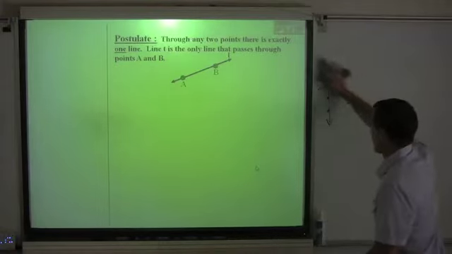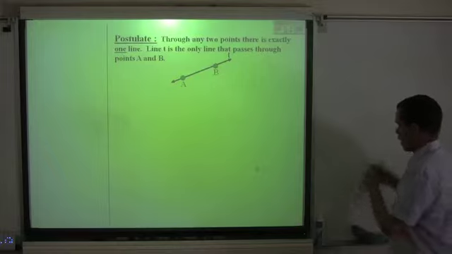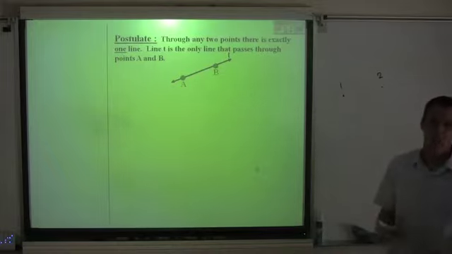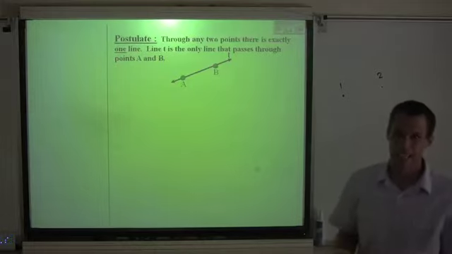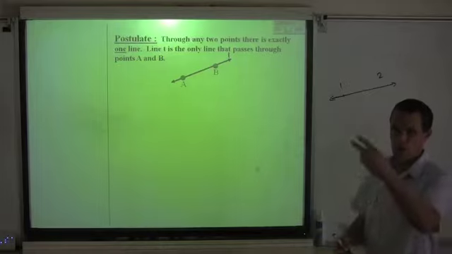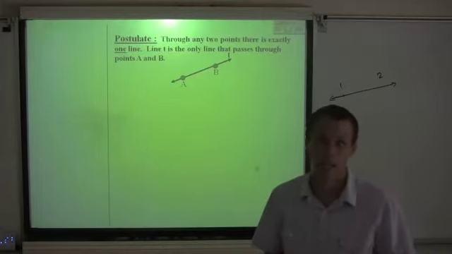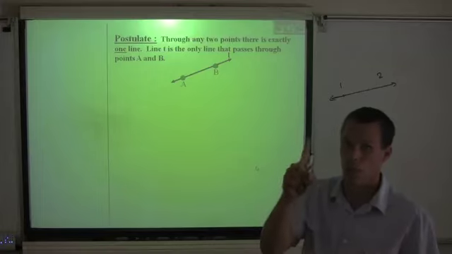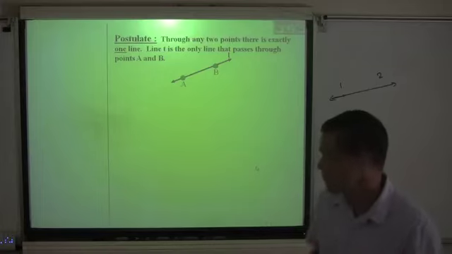If I had a connect the dot picture with a 1 and a 2, there is only one straight line that I can connect 1 and 2 with. This is why we only need 2 points to name a line, because through any 2 points, there is only one line. It becomes unique.